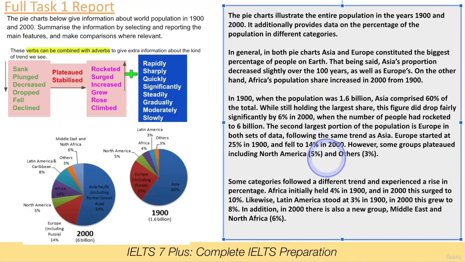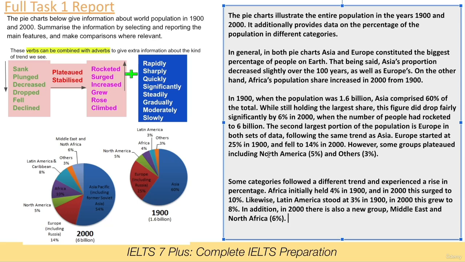Let's have a read. So some categories followed a different trend and experienced a rise in percentage. Africa held 4% in 1900, and in 2000 this surged to 10%. Likewise, Latin America stood at 3% in 1900. In 2000, this grew to 8%. In addition, in 2000, there is also a new group, Middle East and North Africa.